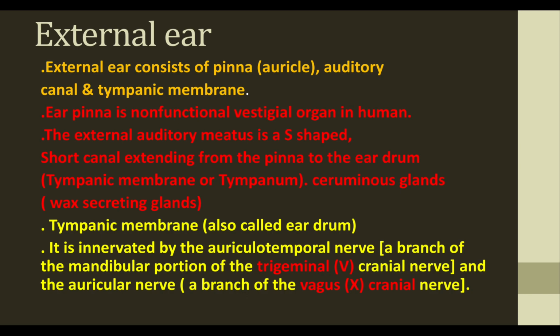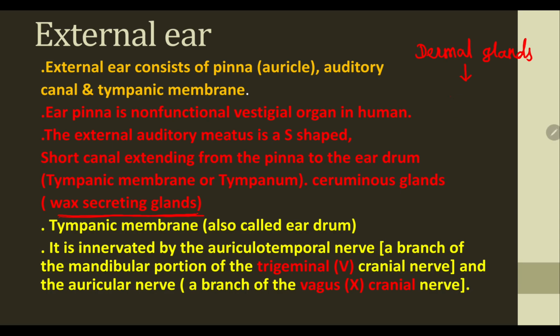One very important kind of gland is the wax gland, which secretes wax. These wax glands are dermal glands, modified sweat glands, actually sudoriferous glands, and they secrete a greasy wax.